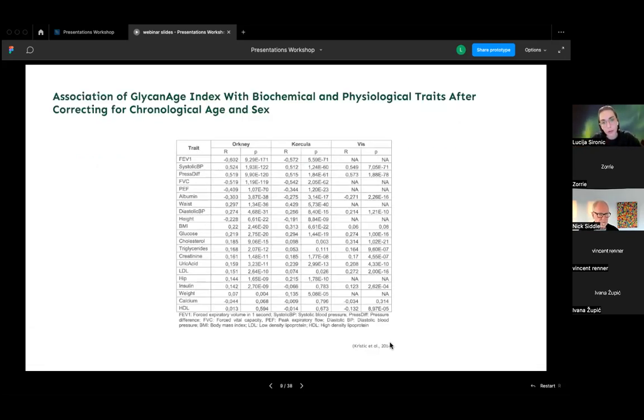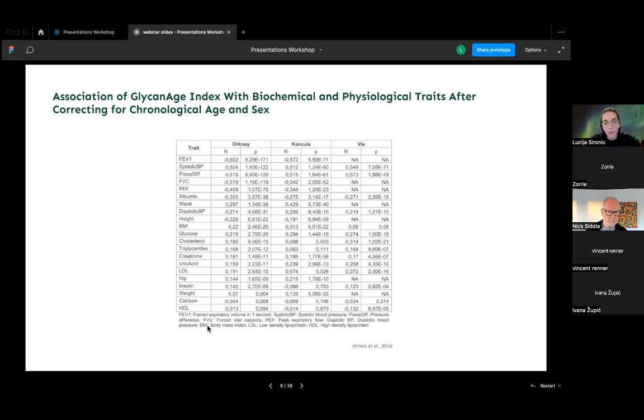Just to show you how our GlycanAge test associates with other common biochemical and clinical parameters. This is a table that was taken out from one of our seminal papers from 2014, which basically started all the GlycanAge testing.